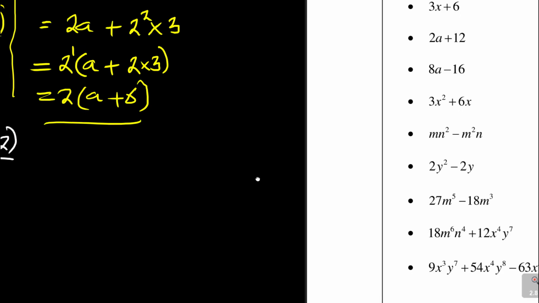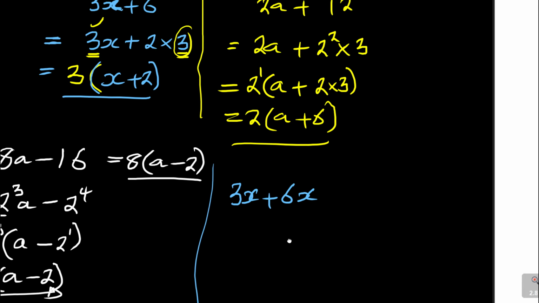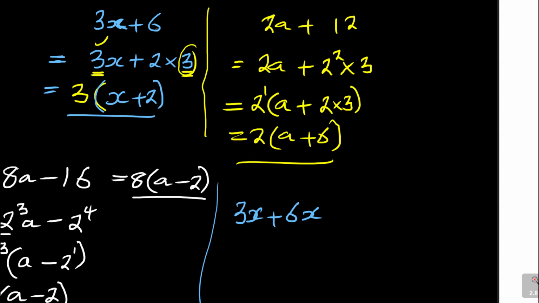3x squared plus 6x. We want to factorize that. Now remember, we did something on 3 and 6. We said it was 3x squared, so it's 3, that was 3x plus 6. Now 3x squared plus 6x is the same as 2 times 3x.